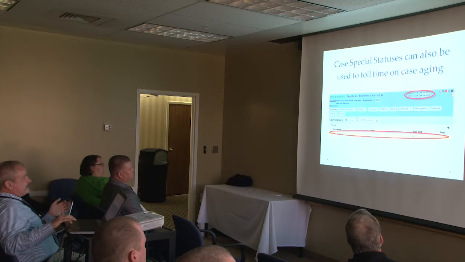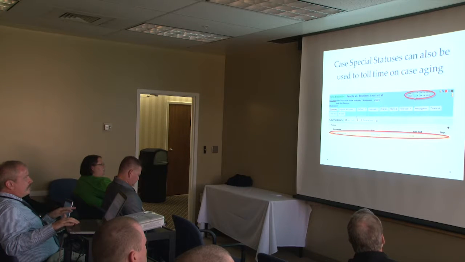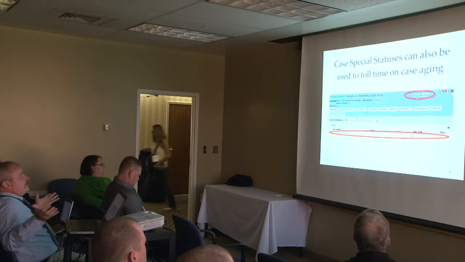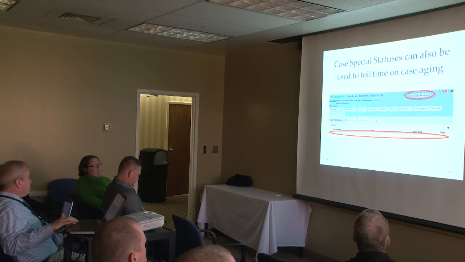So special statuses can be configured to toll time. So we're tracking here how long ago that bench warrant was issued. Someday we'll pick him up, and at that point we will resume on day 18. We won't add that 1,600 days back to the case age because that was legit. The court never did have control over the case at that point.